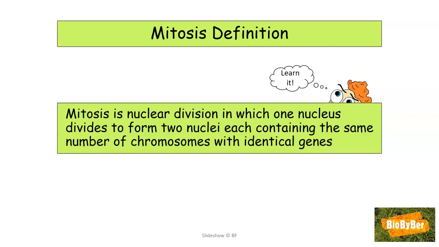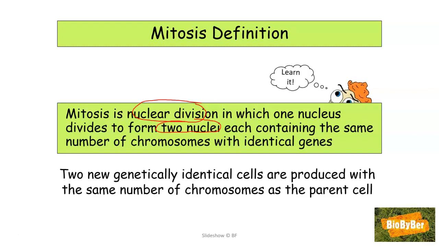Reminding ourselves of the definition of mitosis, we can see that mitosis is nuclear division, in which one nucleus divides to form two new nuclei, each containing the same number of chromosomes with identical genes, leading to the formation, really, at the end of the day, of two new genetically identical cells with the same number of chromosomes as the parent cell.